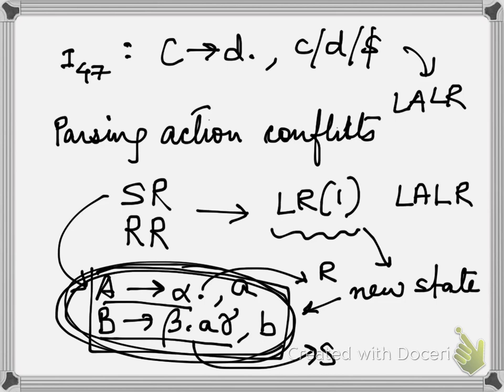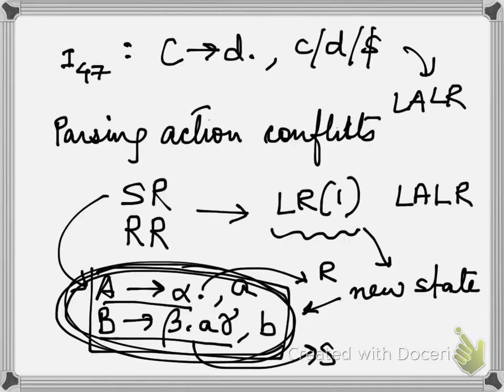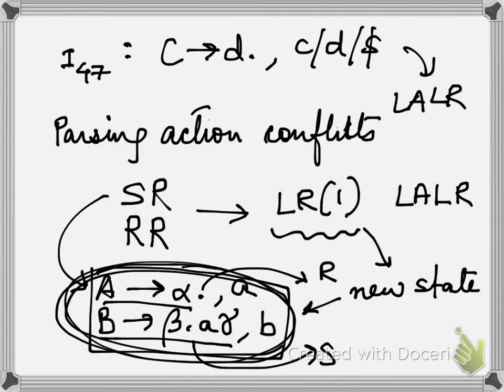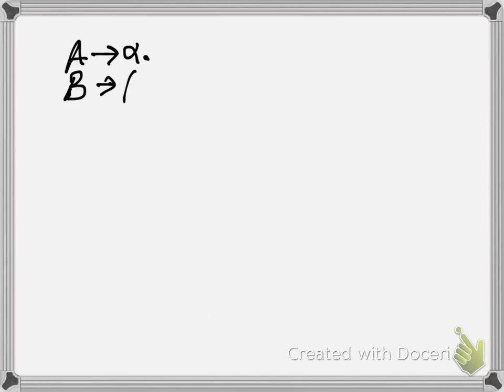Now this would be possible only if our original LR1 items had this conflict, because remember they have to have the same core. So if I merge something like this in my LR1 items to get a conflict like this, I must have B derives beta dot A gamma.